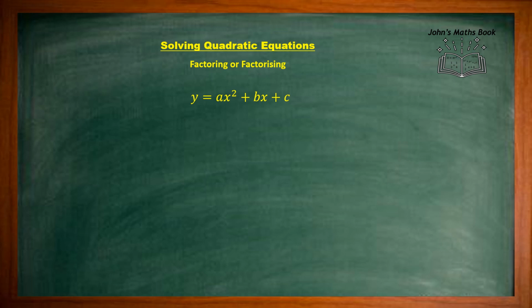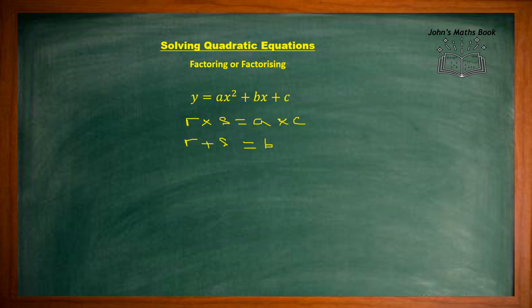So in our example here, r multiplied by s will equal a, the coefficient of x squared, multiplied by c, the constant in the quadratic, and r plus s will equal b, the coefficient of the x term.